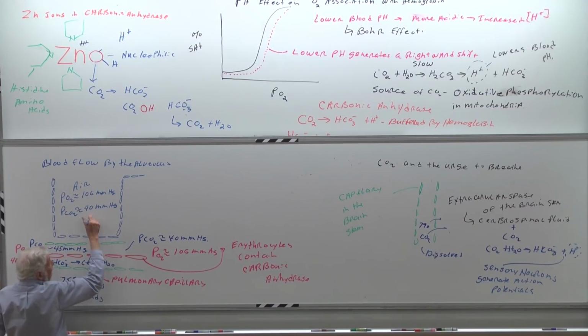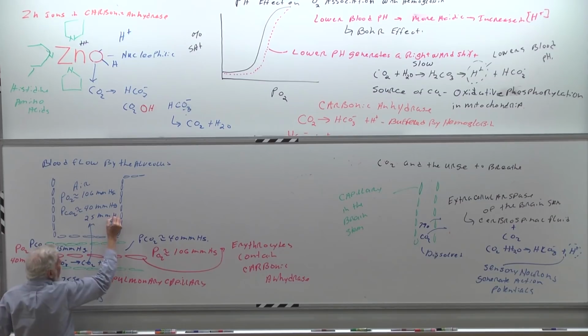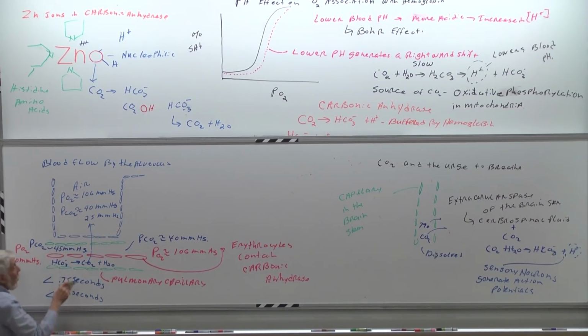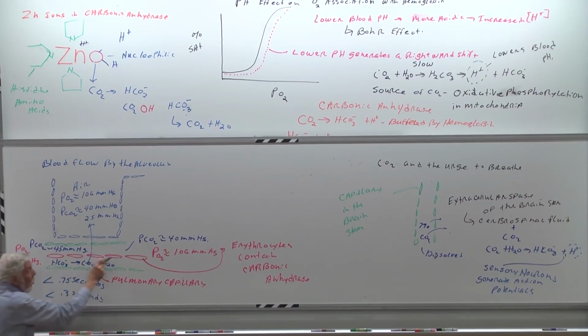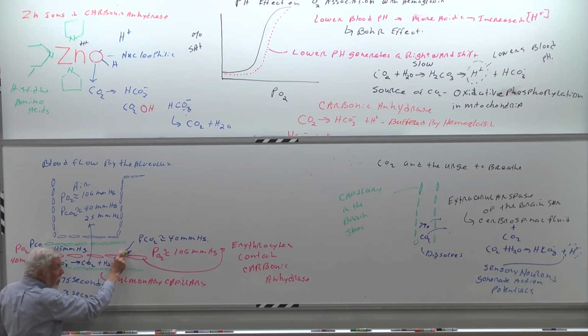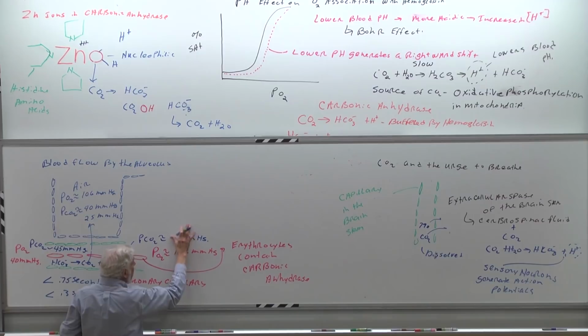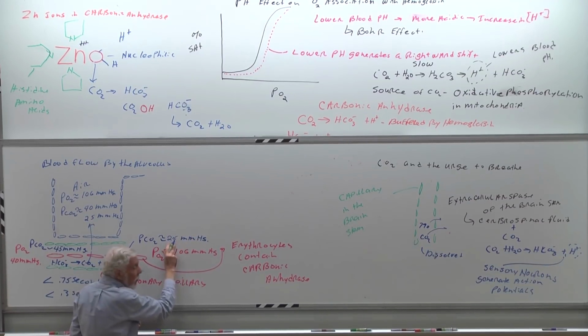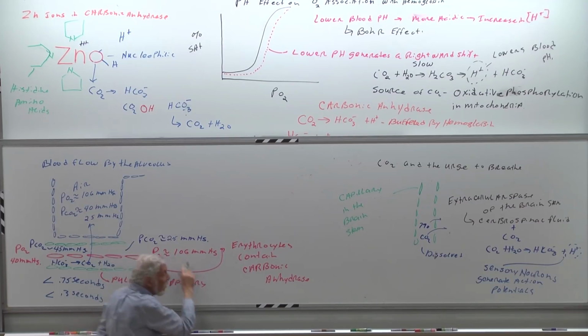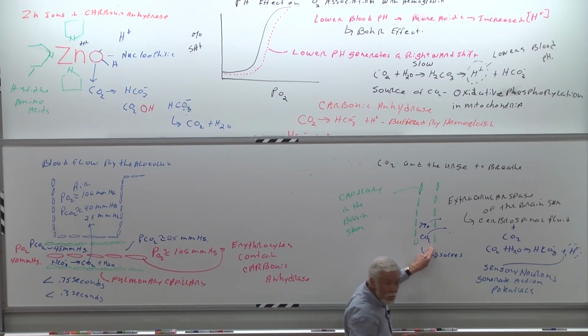It may go from 40 down to, pick a number, 25 millimeters of mercury. Well, now we come to equilibrium, where the old equilibrium was 40 millimeters of mercury. Now the new equilibrium is 25 millimeters of mercury. This is basically a reflection of the concentration of CO2.